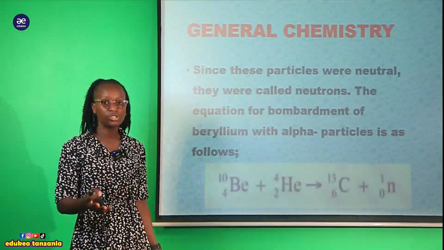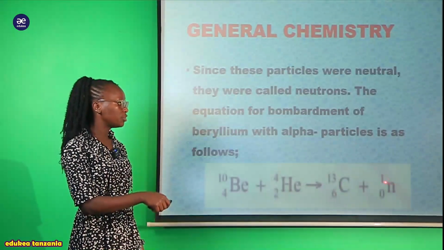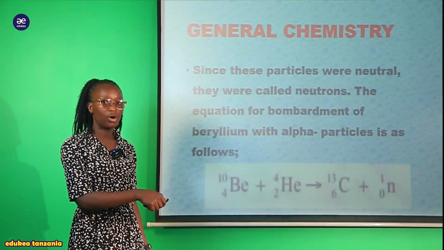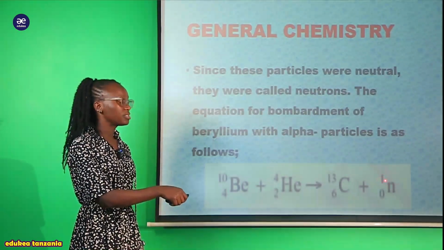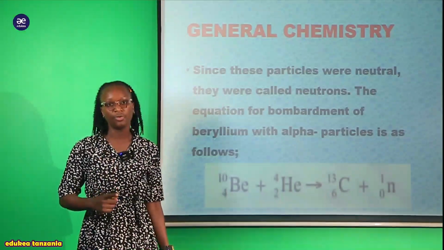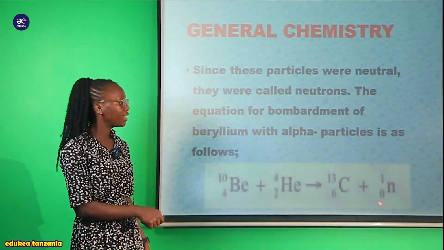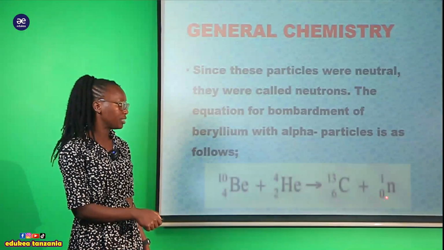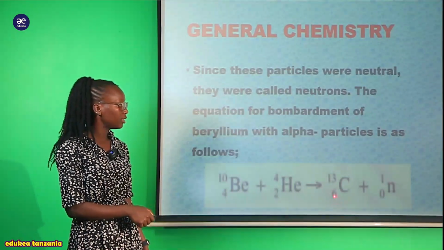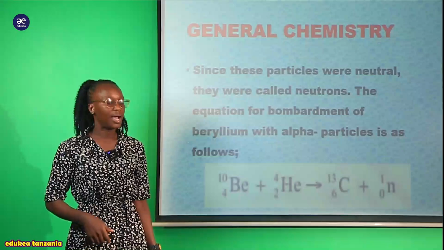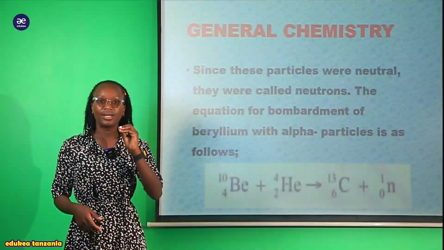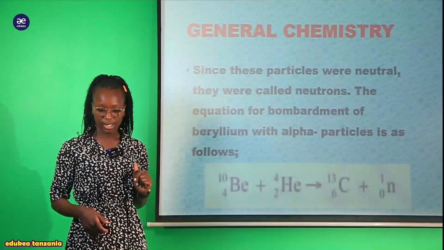Hii inarepresent neutron, lakini pia one particle of protons here ambayo ni positive 1 will be observed here, but finally we have these neutrons here. Kwa hiyo hapo utaona ni 6, lakini hapa ni neutron, I mean 0 ambayo inaonyesha kwamba it is neutral.